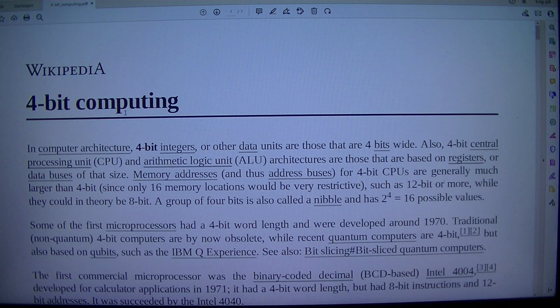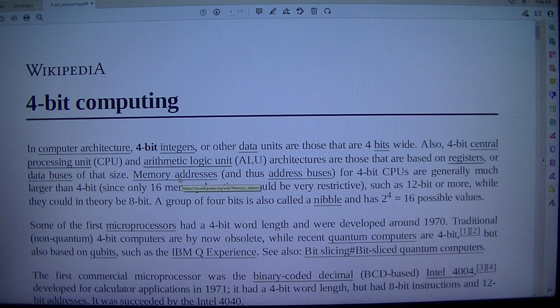Four-bit computing. In computer architecture, 4-bit integers or other data units are those that are 4 bits wide. Also, 4-bit central processing unit, CPU, and arithmetic logic unit, ALU, architectures are those that are based on registers or data buses of that size.